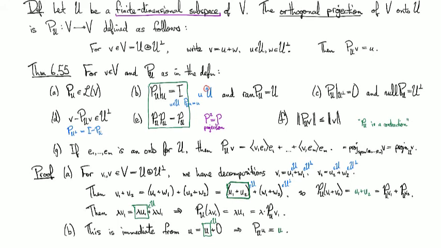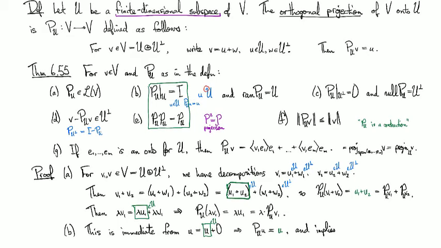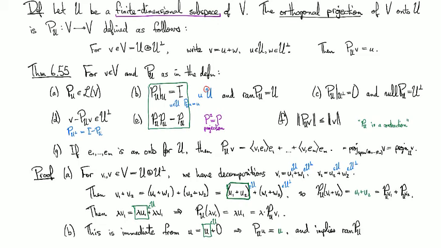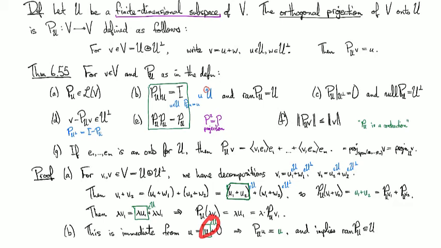And then this also immediately implies that the range of PU is contained in U, because we only ever take the thing that's in U as the output.